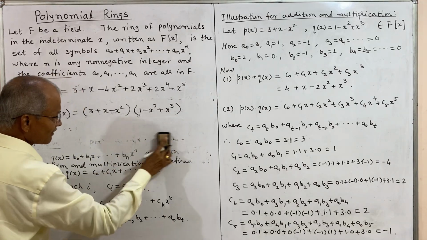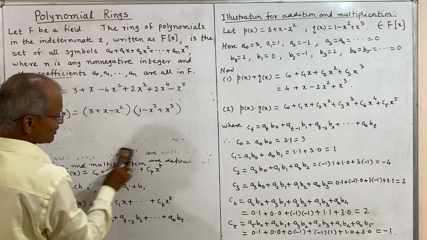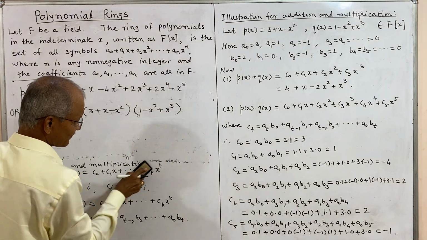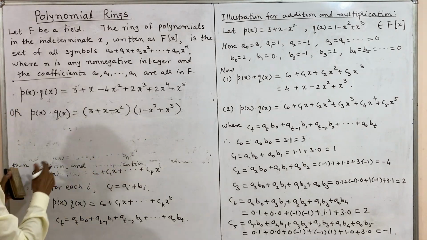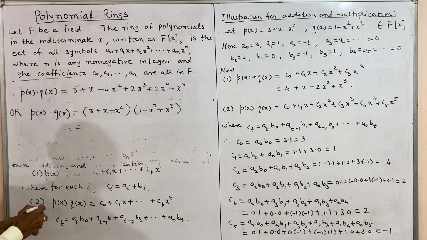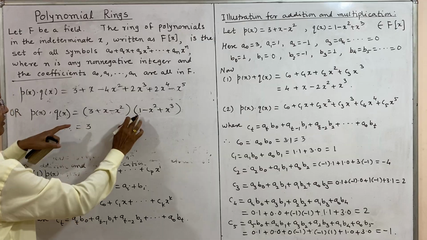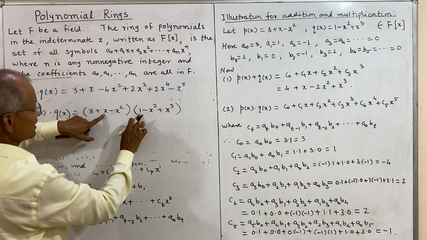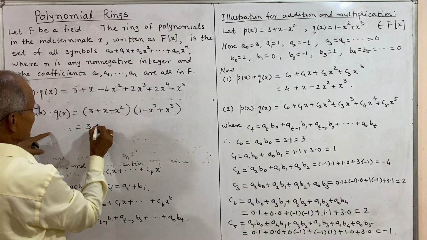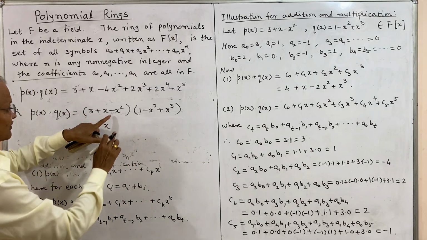If you consider the degree in increasing order, then the constant term is to be written first. See the constant, 3 into 1, that is 3. And then the term of x, x into 1, that is plus x, and the term of x square, there will be two terms of x square.